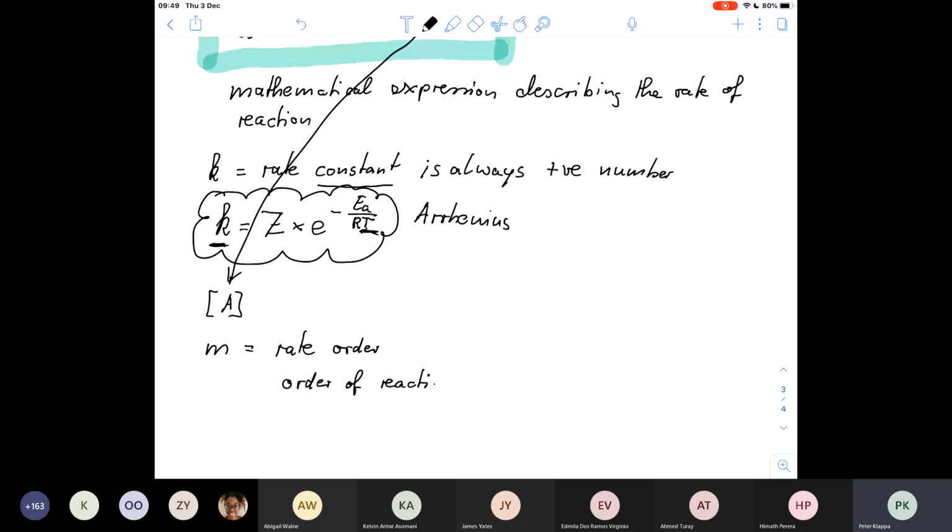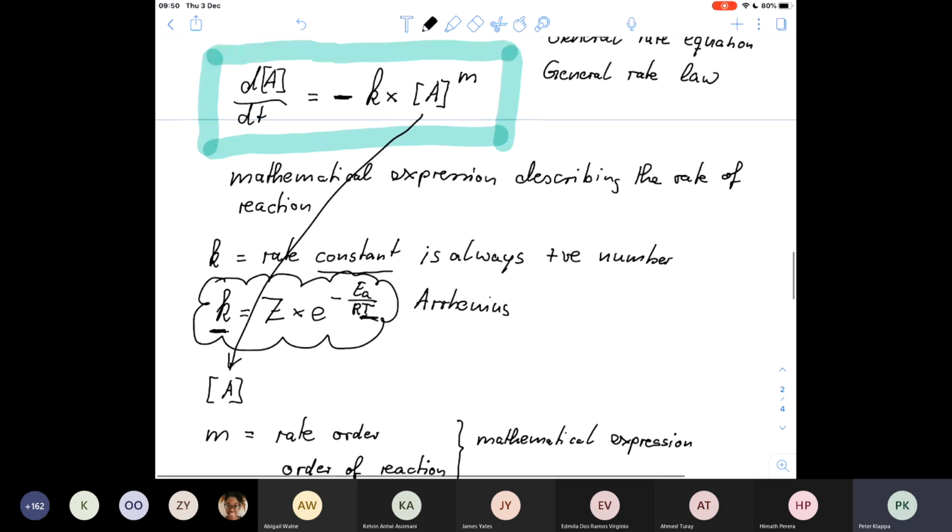Order of the reaction. And this here, this rate order, this m, is just simply, again, a mathematical expression of how to describe, basically, this rate equation.